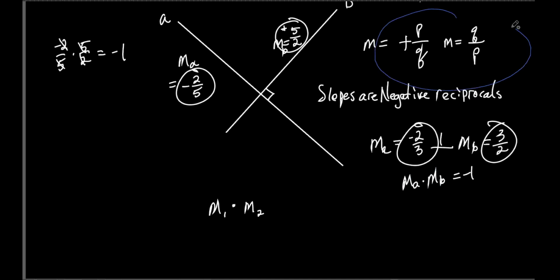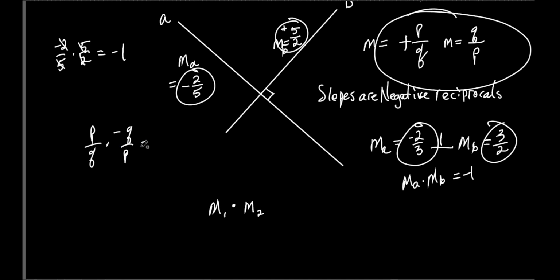Like right here, what if I took P over Q, multiplied it by negative Q over P? What's that going to give you? Well, those cancel out to be a 1. These cancel out to be a 1, but I still got a negative, so it's negative 1.